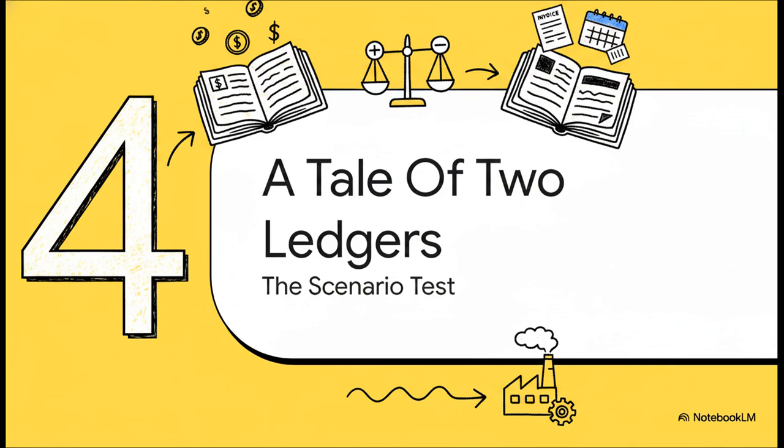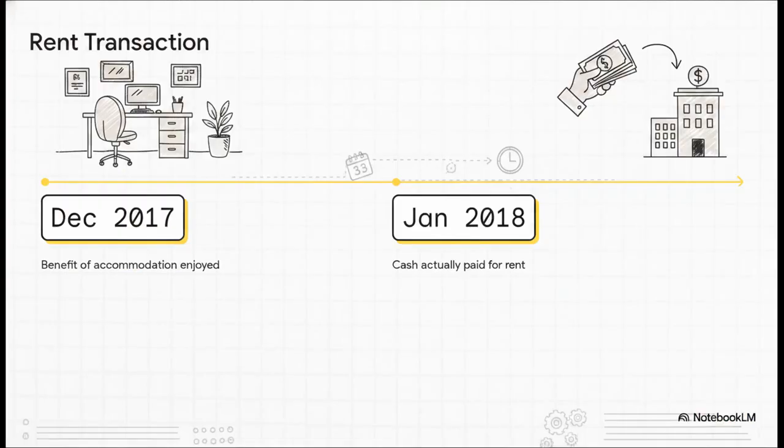A tale of two ledgers, the scenario test. Let's put both methods to the test chronologically, walking through a very common transaction that spans across two different calendar years. Imagine renting an office space. In December 2017, you occupy the office. You are in there, enjoying the benefit of that accommodation all month long.